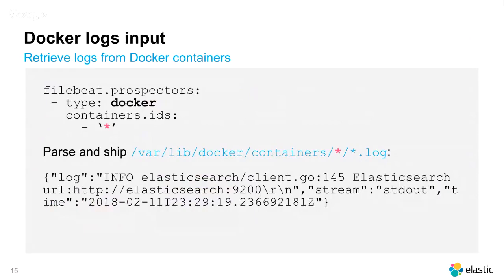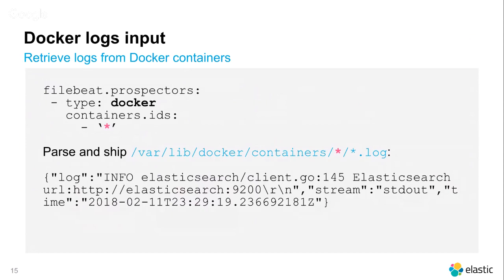Also, we can talk about logs. We created a Docker log input that is able to understand the native logs from the Docker default JSON file driver. So the idea is that when you run a container on Docker, Docker takes care of writing all the standard output for that container, the logs from that container, into the host file system, and it writes it in a JSON format.